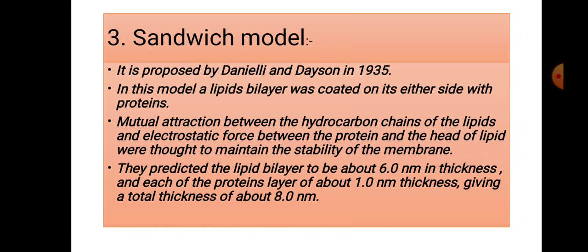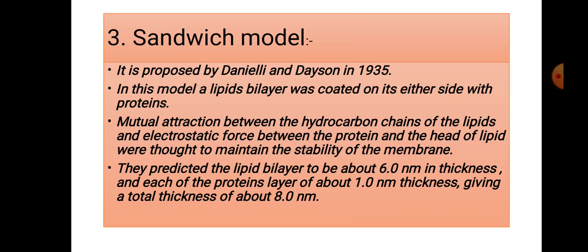Sandwich model. It was proposed by Danielli and Davson in 1935. In this model, a lipid bilayer was coated on either side with proteins. Mutual attraction between the hydrocarbon chains of the lipid, and electrostatic force between the protein and head of lipid, were thought to maintain the stability of the membrane.